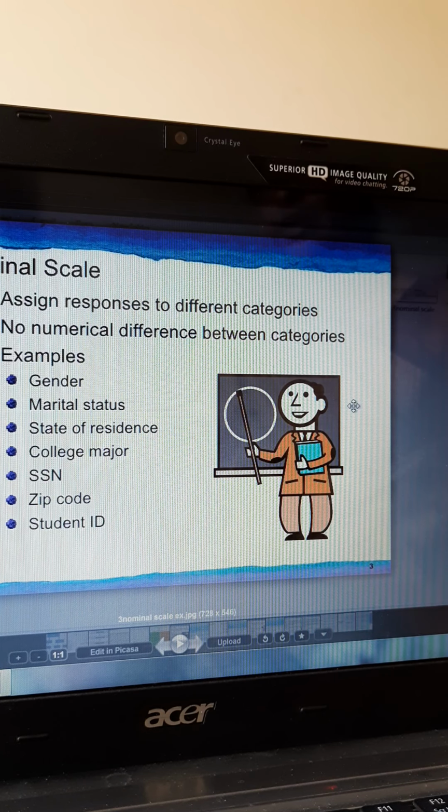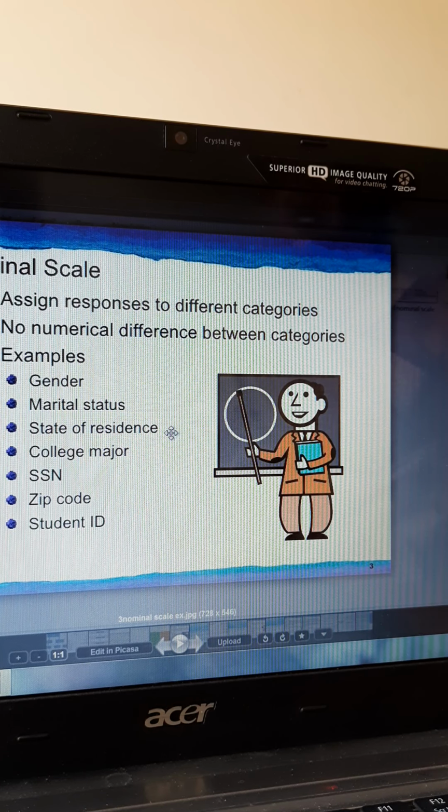It cannot be continuous. State of residence. Are you living in Bangalore or Kerala or in Maharashtra or Tamil Nadu? It cannot be continuous. It can only be categorical. College major. You can either do MBA or BBA or BCom.